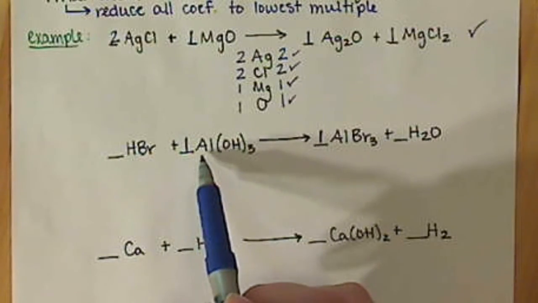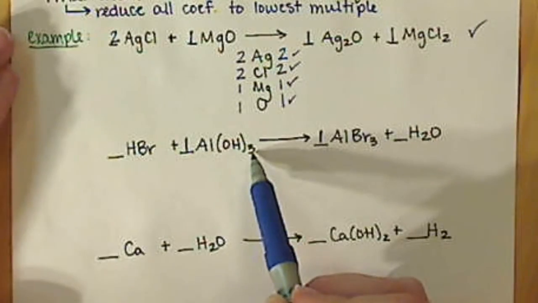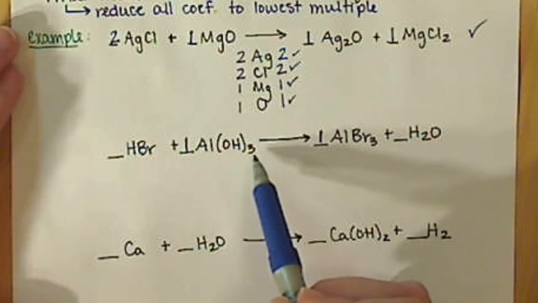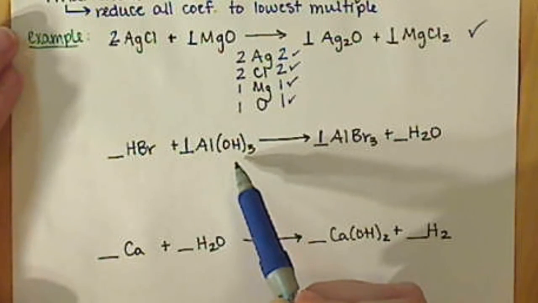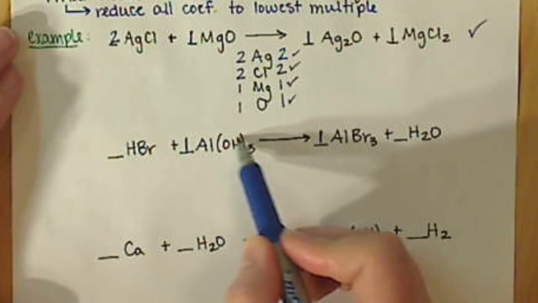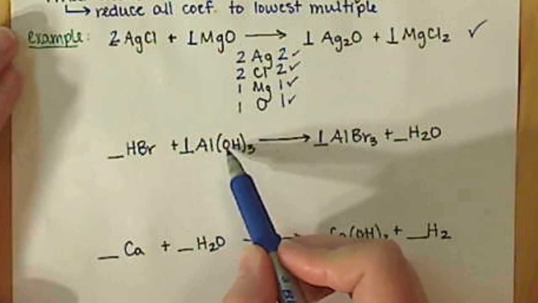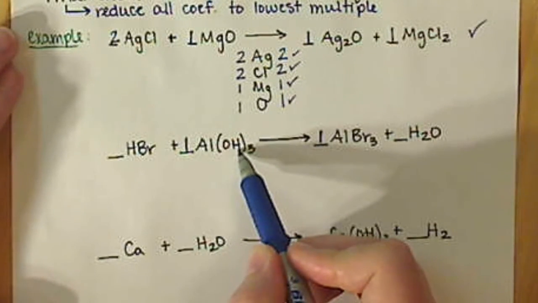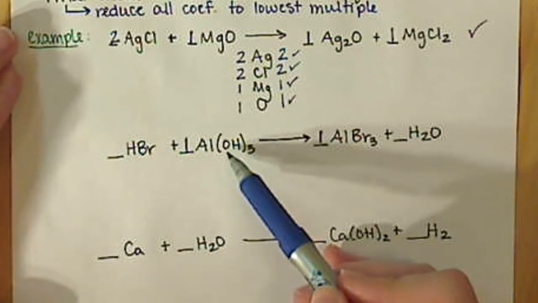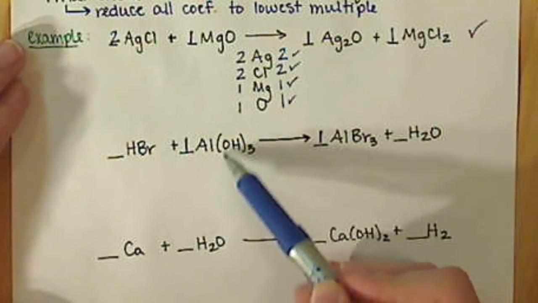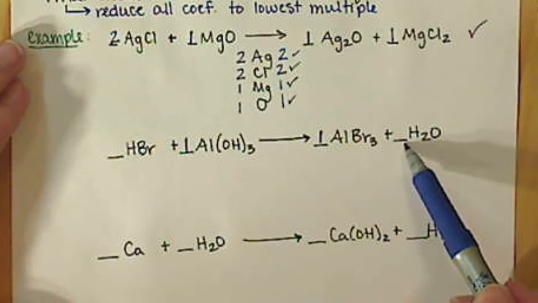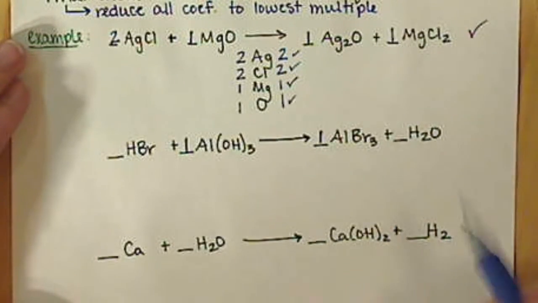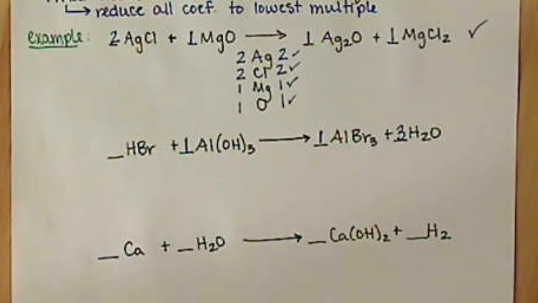I have 1 aluminum, and remember this 3 around the outside means that I have 3 hydroxides. That's a polyatomic ion. So I have 3 of those, which means I have 3 oxygens and 3 hydrogens. So 3 oxygens, what I get from my aluminum hydroxide. So I need 3 oxygens accounted for in my water, so I need a 3 out in front there.